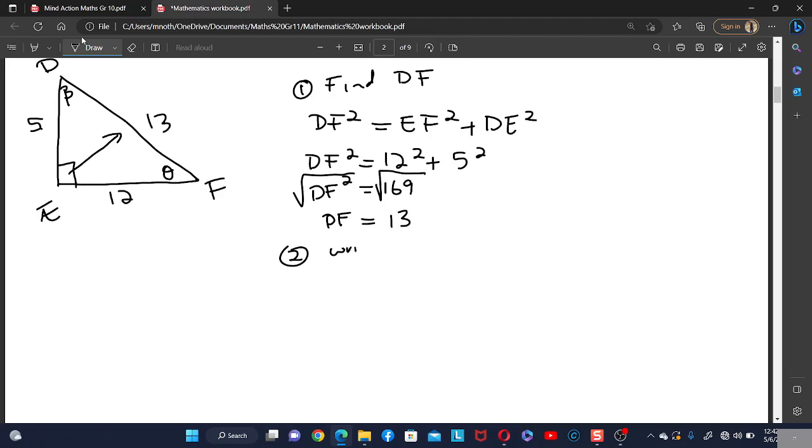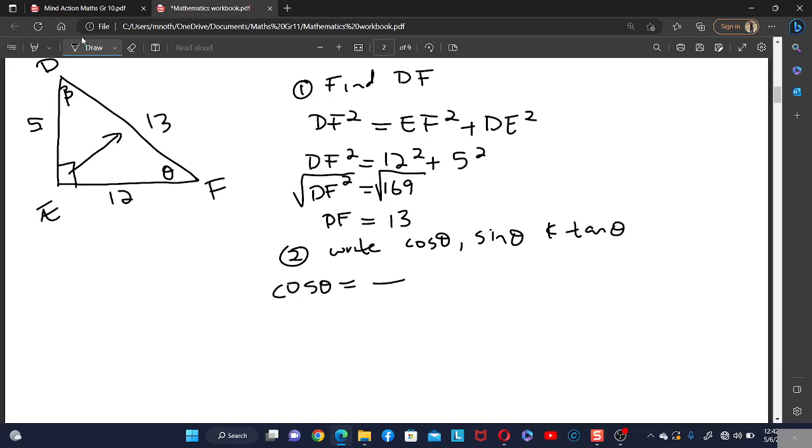And then number 2 says, write cos theta, sin theta, and tan theta. What is cos theta here? Theta is this one, right? What do we know about cos theta? It is the adjacent over the hypotenuse.